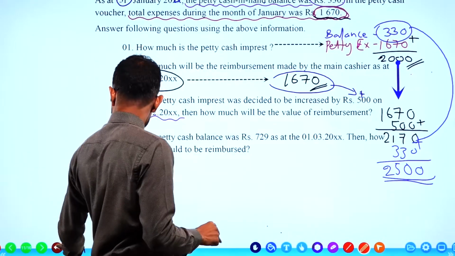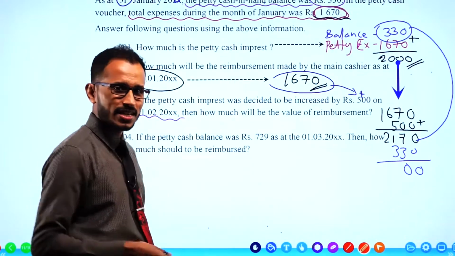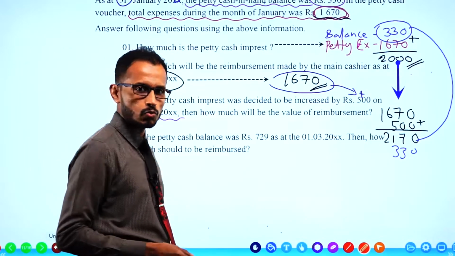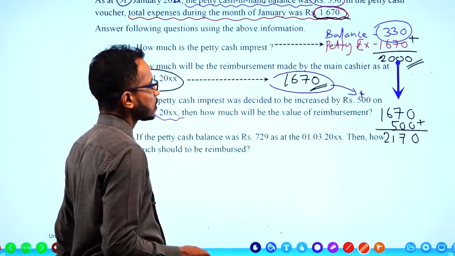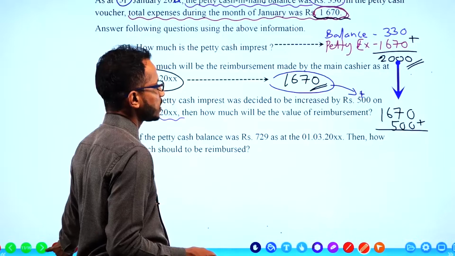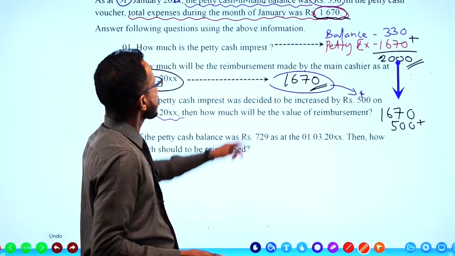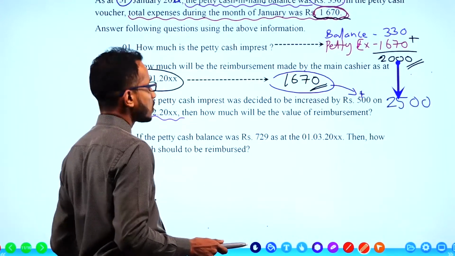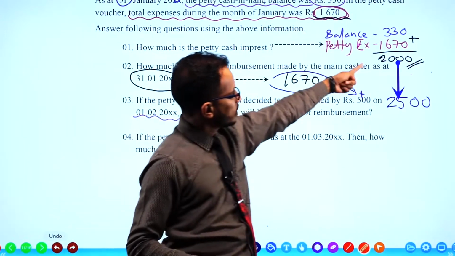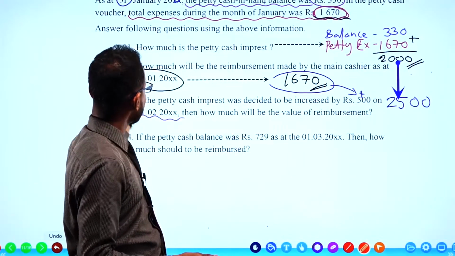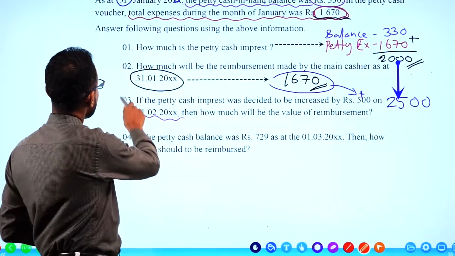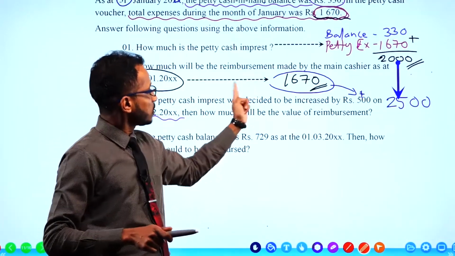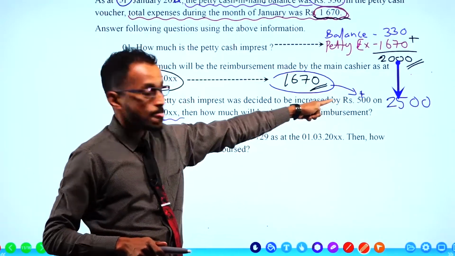Right, okay. So do you want me to explain it again, or did you understand at my first attempt? What I did was I took the original imprest amount, and as the third question states here, the petty cash imprest is decided to be increased by 500.